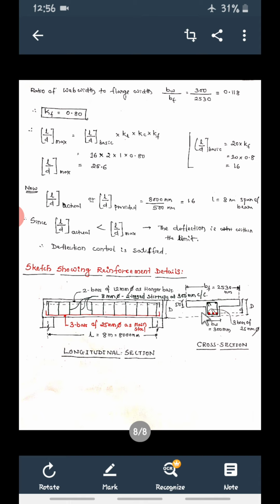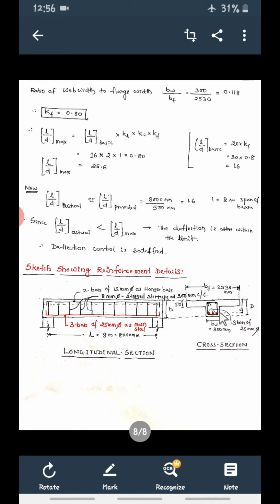If you see the cross section, this is the slab, this is the BF, then this is the beam. If you cut here and see from this side, this is the slab, this is the beam, and this is the overall depth from the top to the bottom of the beam.